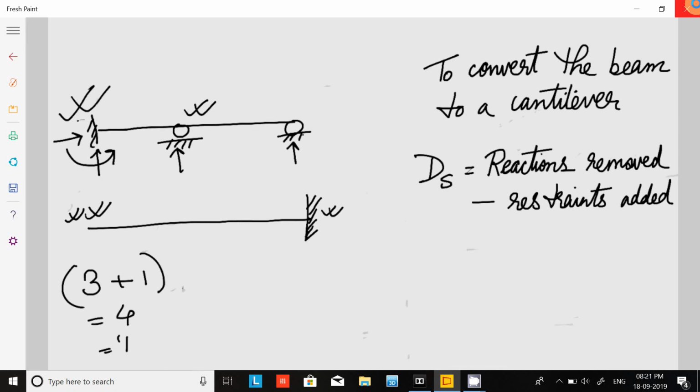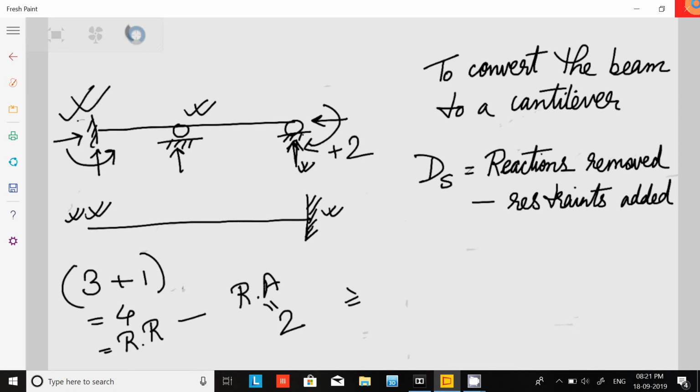Now here this roller, if we want to convert it into a fixed support, how many restraints do we have to add? There is already one restraint, so we have to add 1 and 2, so plus 2. So restraints added will be 2. So ds equals reactions removed 4 minus restraints added 2, so it is equal to 2.